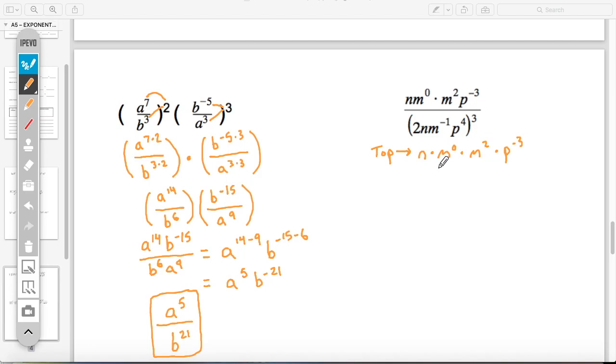Okay, so when I simplify this, just quickly, I can say n times m to the 0 is 1 times m squared times p to the negative 3rd power. Okay, so at this point I'll just get rid of this 1, because it does not need to be there. So I have n times m squared times p to the negative 3.